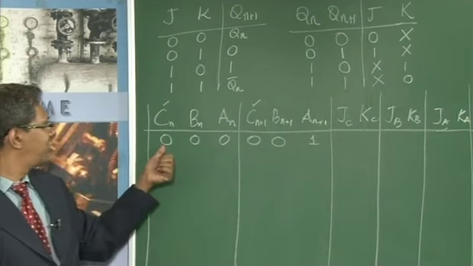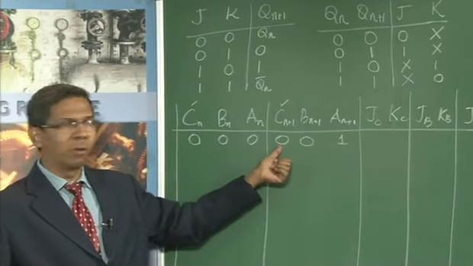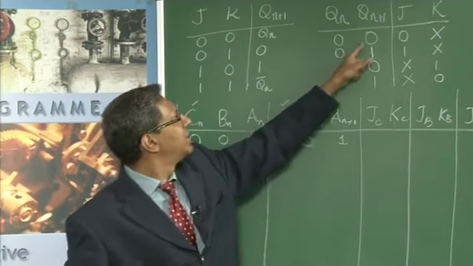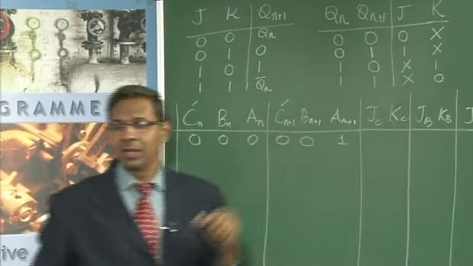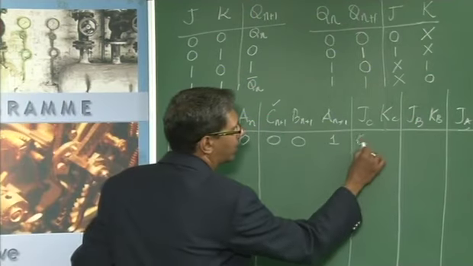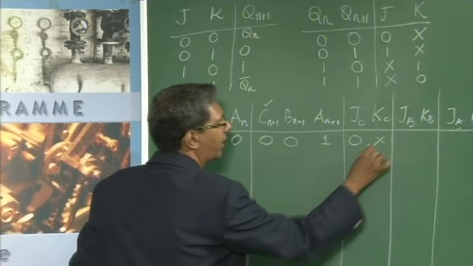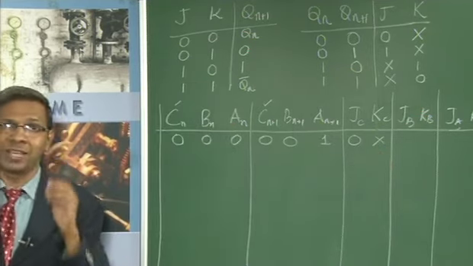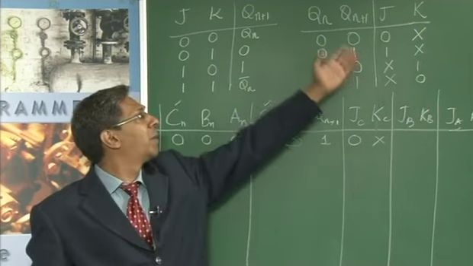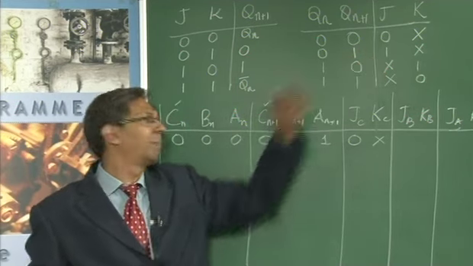If the previous state is 0 and the next state is 0, then what are the possible values of J and K? The possible values are 0 and x. It's as simple as that. So the inputs at J and K of flip-flop C are going to be 0 and don't care. It means it can either be 0 or 1, as we have done here. I don't have to explain it again.